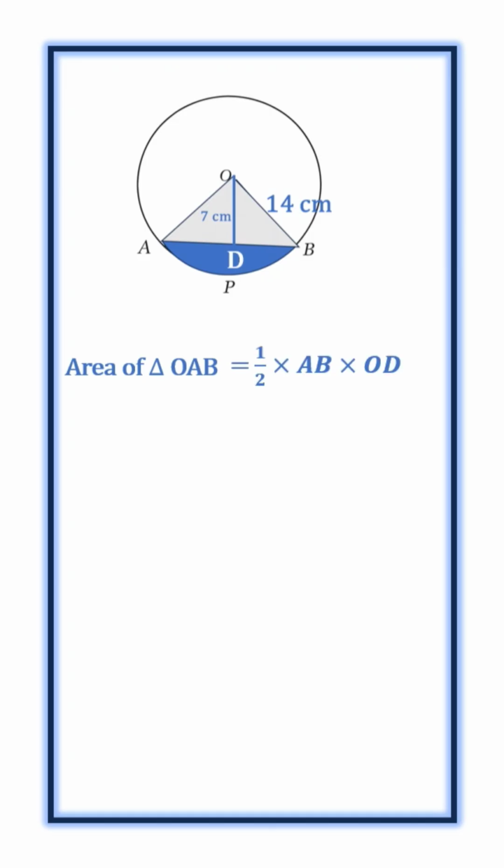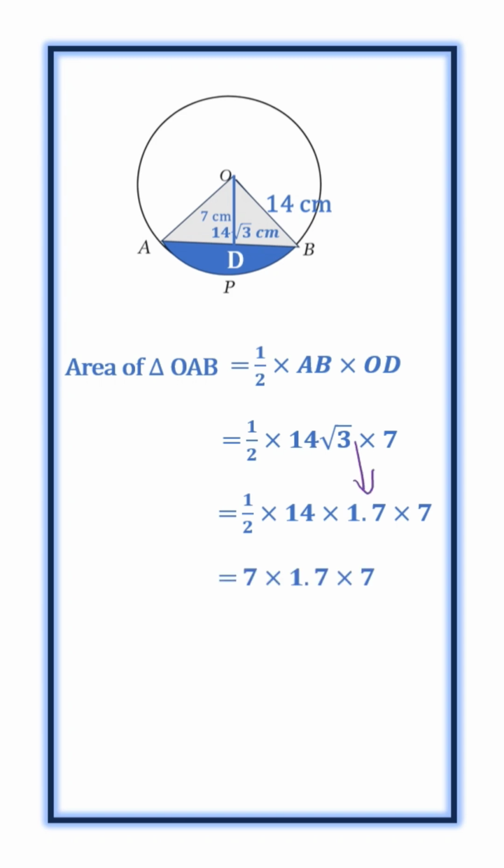Look at the figure now and then, I have put all the values there. Now simplify it. Put root 3 equal to 1.7 here. 2 1s are 2, 7s are, so 7 into 1.7 into 7. That is equal to 83.3 centimeter square.